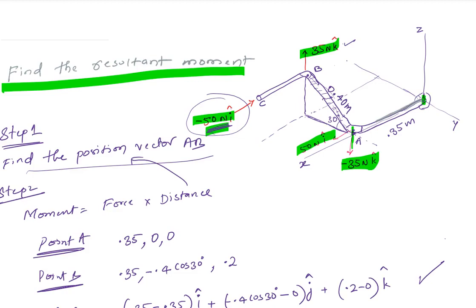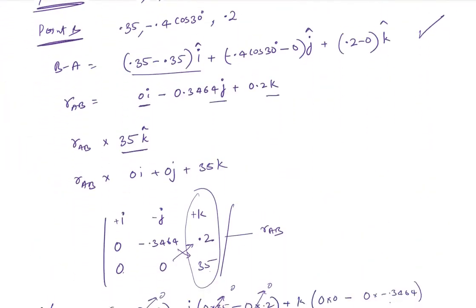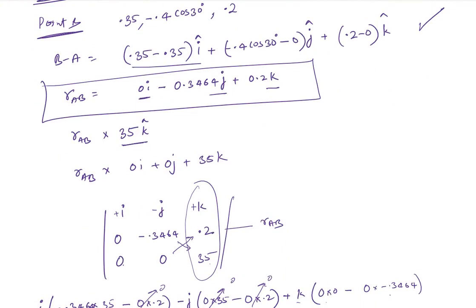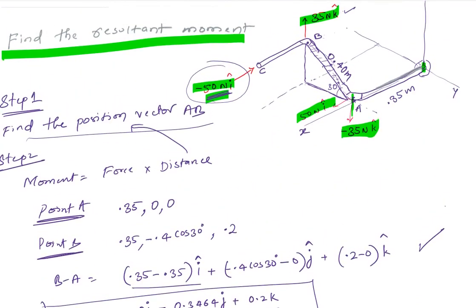How do we do that? We do b minus a. We find the coordinates of b and a, subtract them, and we get the position vector, and then we multiply this position vector by the forces.